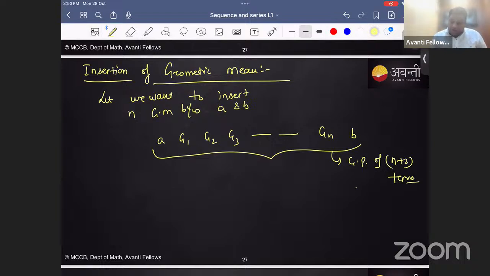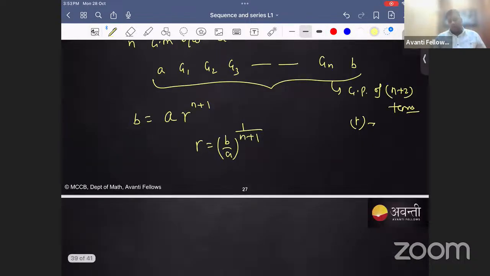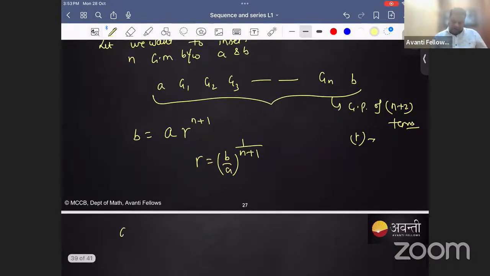So now let us assume the common ratio is R. So B is the n plus 2 term, so B is A times the common ratio to the power n plus 1. From there you get the value of R as (B by A) to the power 1 upon n plus 1. Now G1 will be AR, G2 will be AR square, G3 will be AR cube and so on.